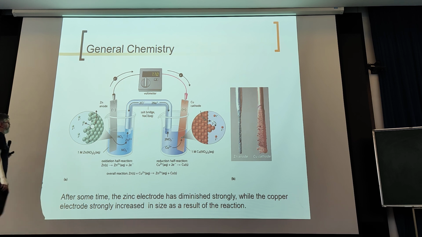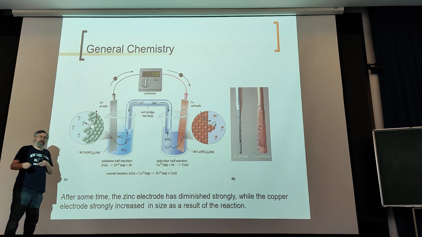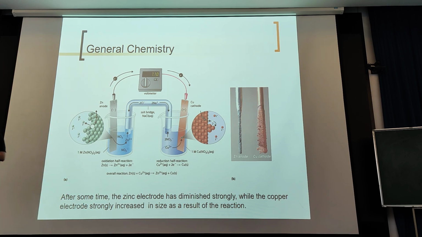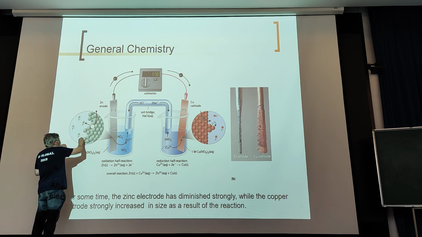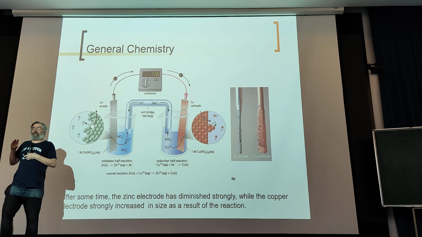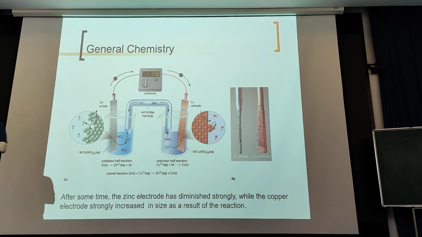At the same time, the zinc atoms that have lost their electrons are zinc 2 plus, and they are water soluble, so they migrate into the water. So the electrode is slowly eaten away, zinc by zinc. This is called in electrochemistry a sacrificial electrode, because it's being used up in the process.